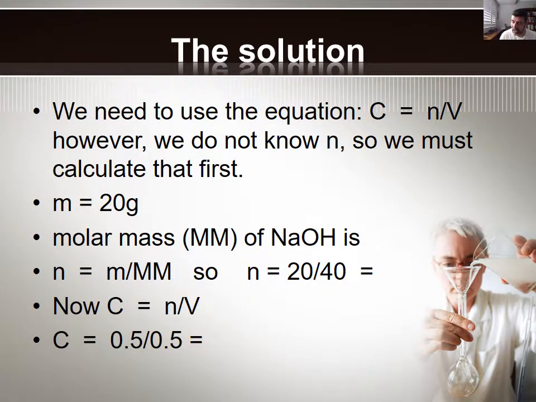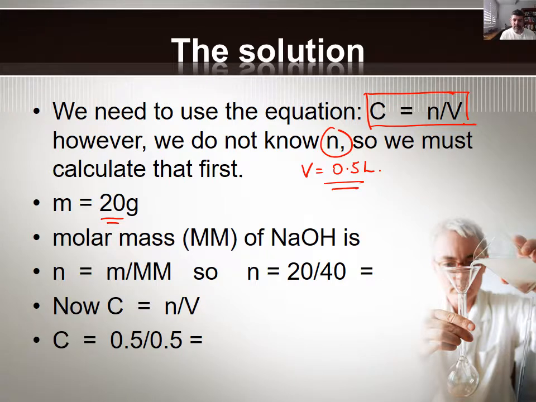Okay. So we're going to have to work our steps through with this formula, C equals n on V. The problem at the moment is we don't know n. We know that the volume is equal to 0.5 litres. So we already did that as we were reading through the question, but we don't know what the number of moles is. But we do know that the mass is 20 grams.